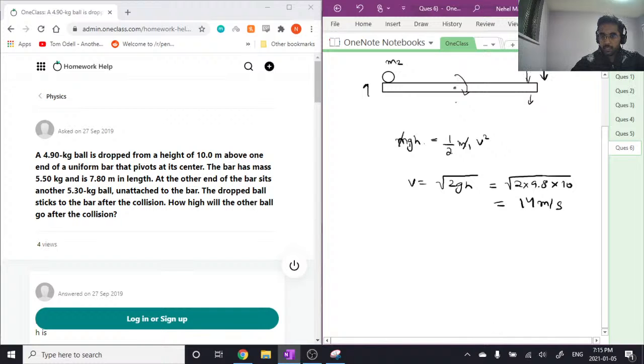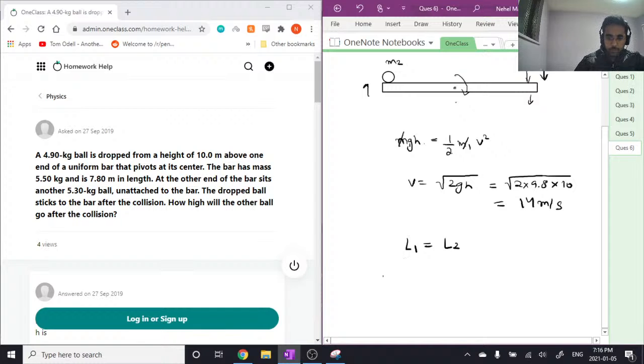When this block falls, it falls down with an angular momentum, and when this block is launched up, it has an angular momentum associated with it as well. So the angular momentum on this bar due to block 1 is equal to the angular momentum which this bar would give to block 2.